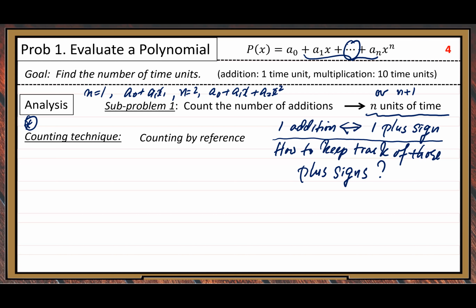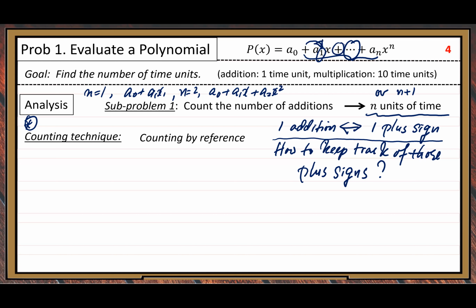So here, let me use the so-called counting by reference. If we can choose an appropriate reference, then we can keep track of the plus signs. Look at this, the subscript 1. The first plus sign corresponds to the first subscript of the coefficient A1.